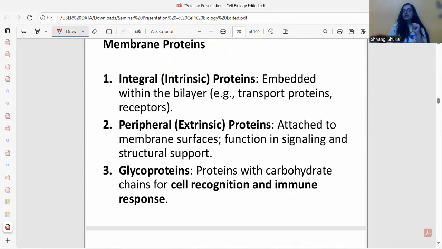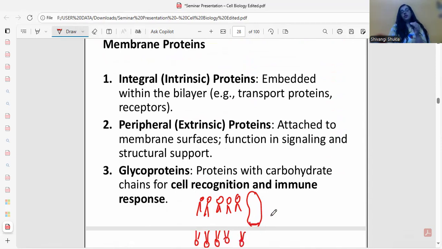Membrane proteins, there are three types of protein. Let me make the structure again. That is how the lipid bilayer looks like. If it is only passing or is halfway, it is an integral protein.